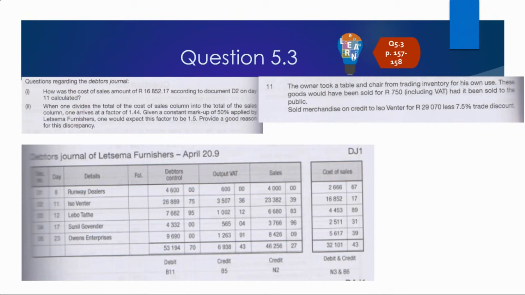Okay, Helder, what do you think? What will we multiply that 29,070 Rand with based on our markup information?